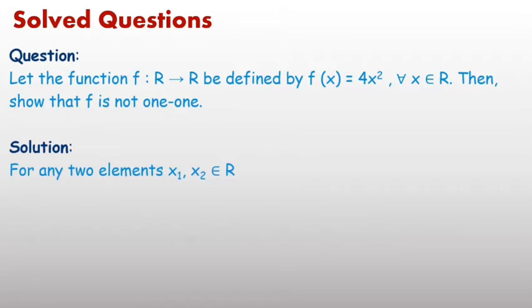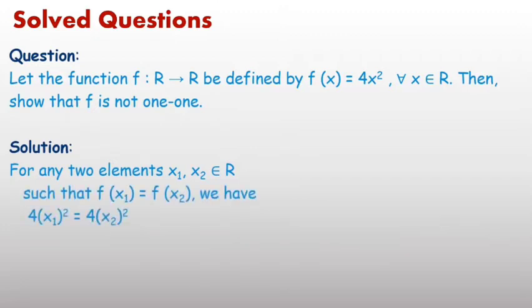Take two elements x1, x2 belonging to R. f(x1) equal to f(x2), same process. The value of f(x) is 4x square, so 4x1 square equal to 4x2 square. x1 square equal to x2 square, or x1 equal to plus minus x2. You are not getting x1 equal to x2 only, you are getting x1 equal to x2 or x1 equal to minus x2.